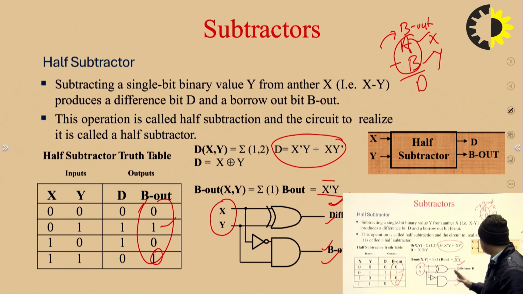We can also represent this circuit in the form of a box, as this is a half subtractor circuit, and this half subtractor is nothing but this XOR gate, this NOT gate, and this AND gate. We have two inputs x and y, and the corresponding outputs difference and borrow over here.